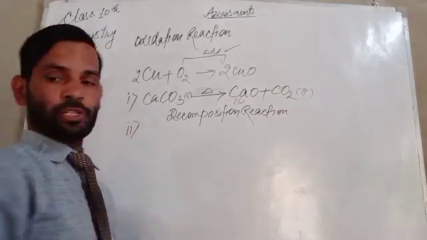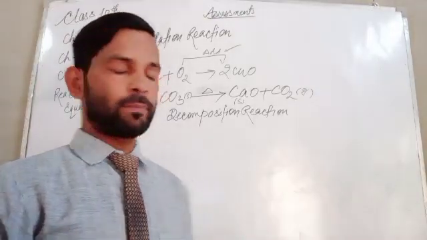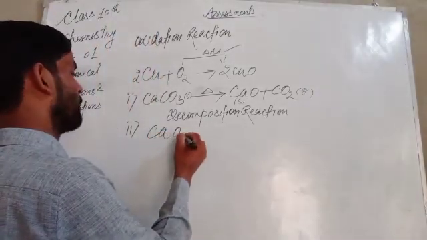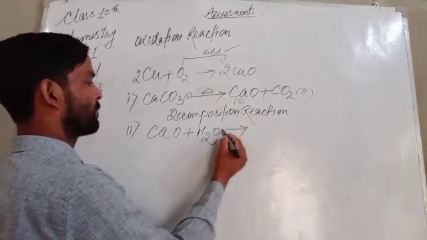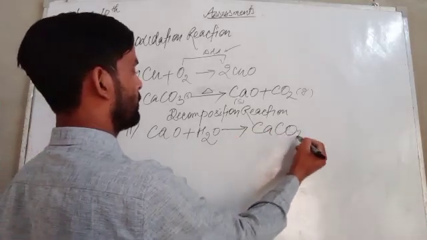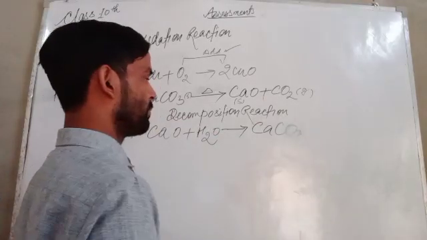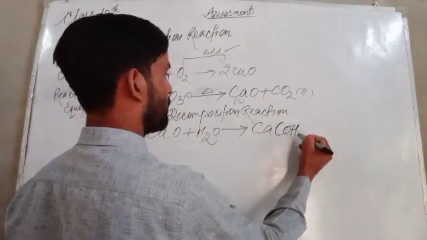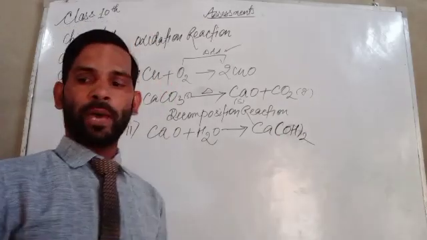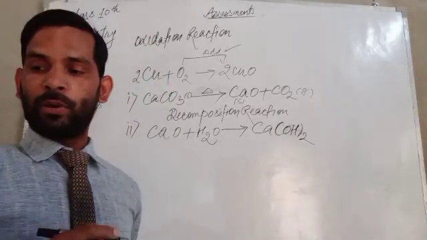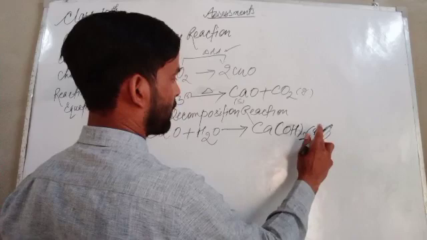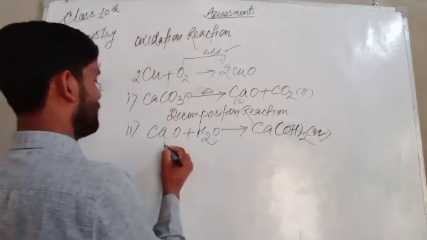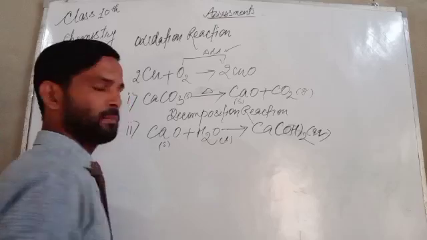Next one is question number 2, calcium oxide plus H2O, which forms Ca(OH)2 in aqueous form, and here is solid, this one is liquid.